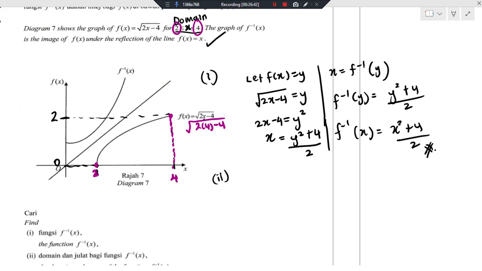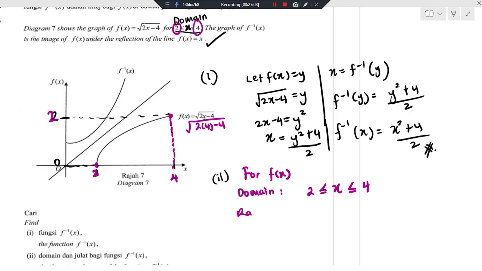Domain dia adalah x. Ini untuk x, fx, remember 2 and 4, and range-nya adalah kita letak fx in between 0 until 2. Betul? So, for F inverse, dia akan jadi terbalik. Betul tak?